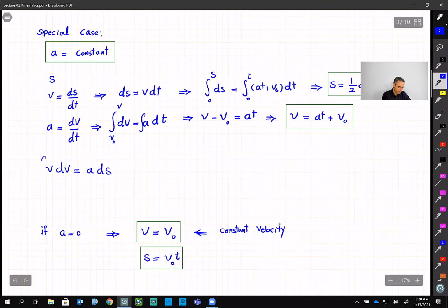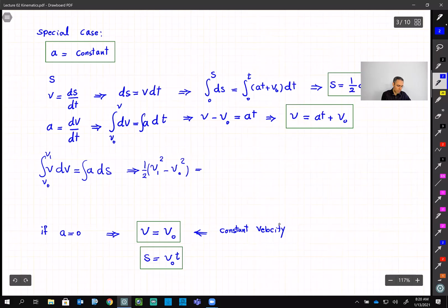So if I integrate this formula again, and I say we started from V0 and we get to a velocity V, or V1, then let's call it V1 because now we are integrating here for a constant, and a is a constant. Then what do I have? First part, integral from V0 to V1 of v dv gives V1 squared minus V0 squared, and then we have also a half, right?